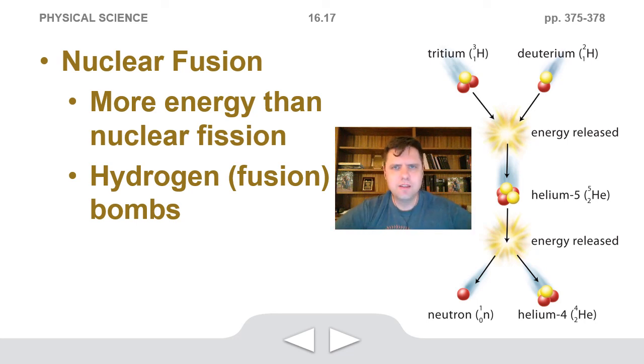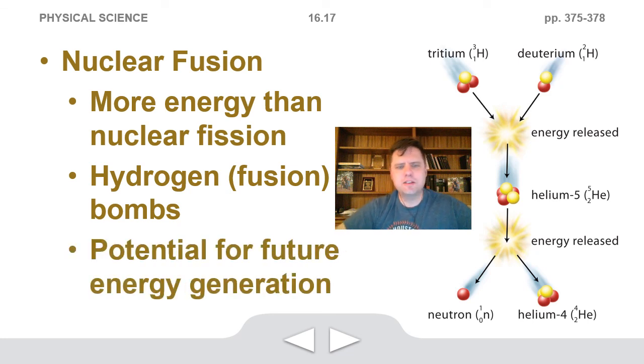So the hydrogen bomb is even more destructive than the original atomic bomb. But there's a lot of research being done for future energy generation around the subject of fusion, nuclear fusion. And in the book, I think at the very end of the chapter, you can see a picture there in which a description is being given of a company that's pooling resources in France to develop some nuclear fusion devices.